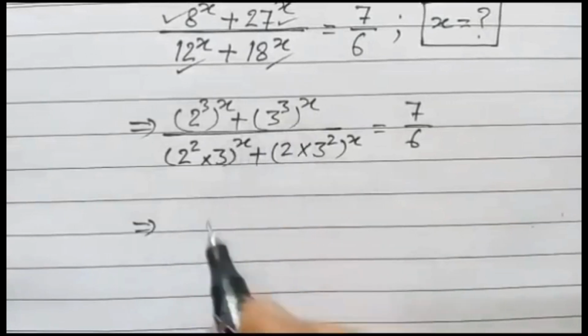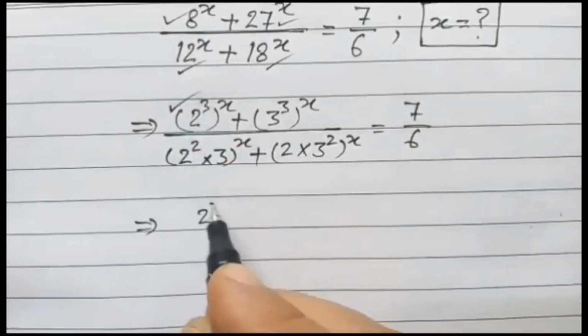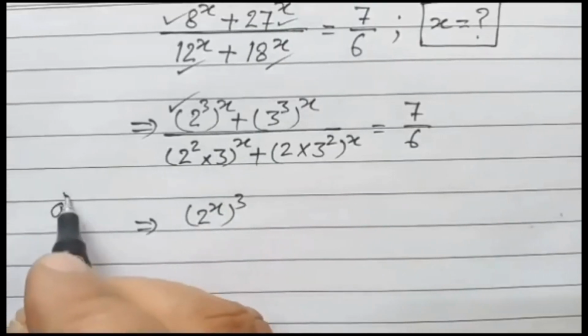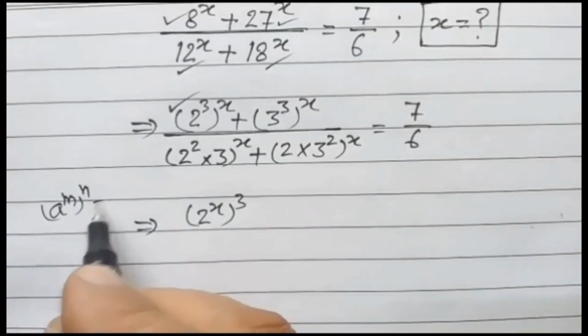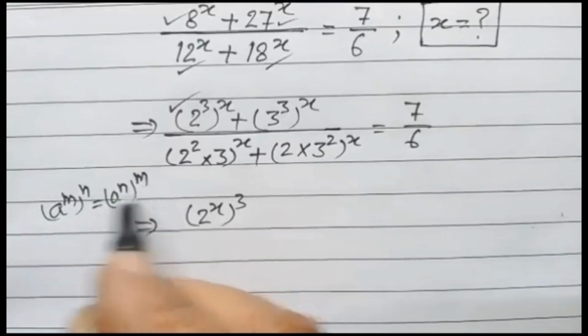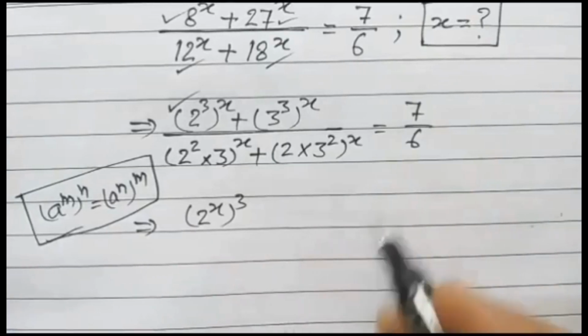Now we rearrange this as (2^x)^3, right? Since (a^m)^n is equal to (a^n)^m, right?